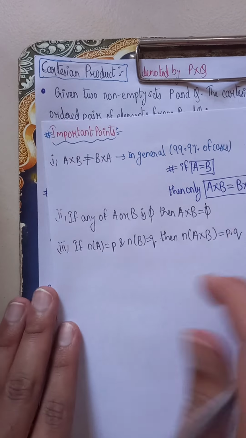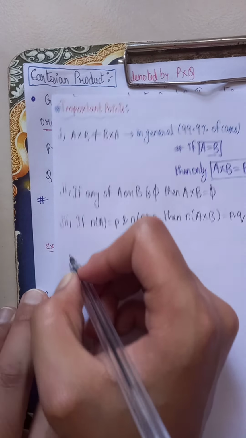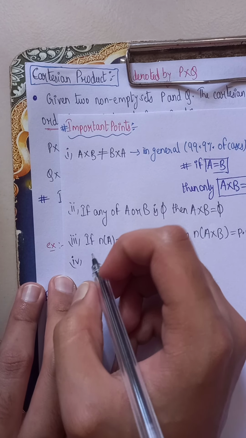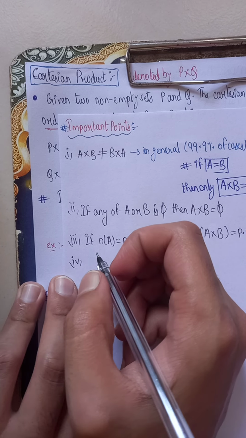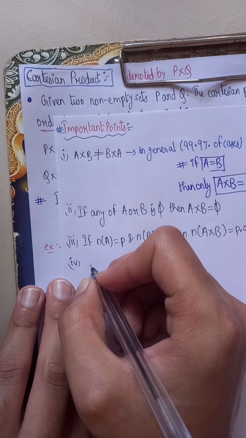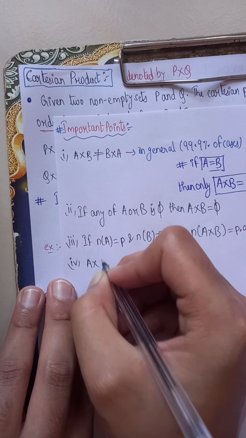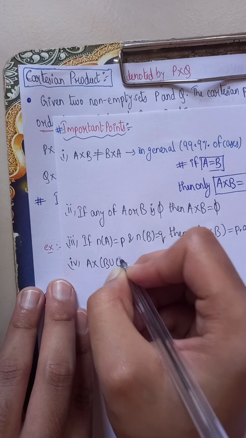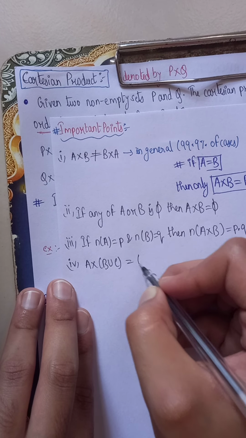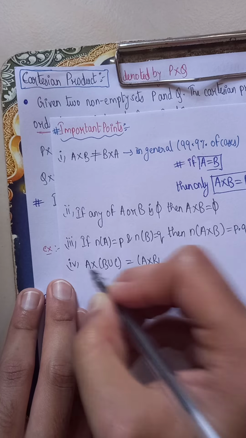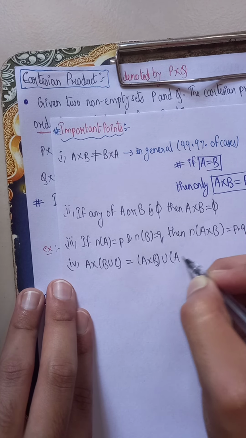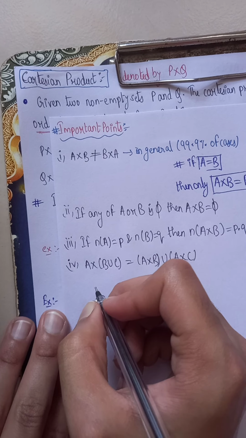Now moving on to the next point. There's not much to explain. I've already explained these topics in the last lecture, and these points we can understand by reading also. So now A cross (B union C) I can write as (A cross B) union (A cross C).